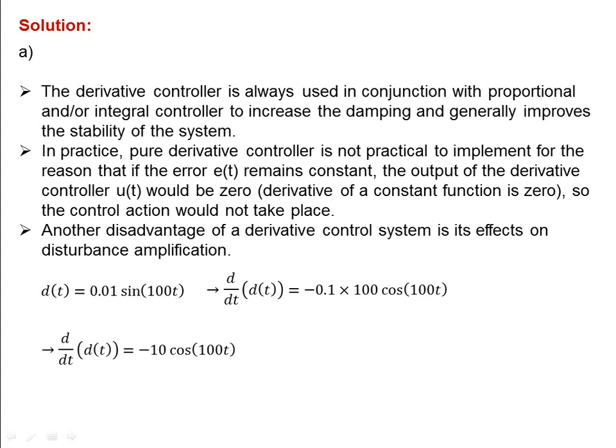With this amplification, you see I have 10 cosine 100t, which is much bigger than the amplitude given here. So this is the reason we can't use derivative controllers on their own, because they magnify the amplitude of the disturbance signals.